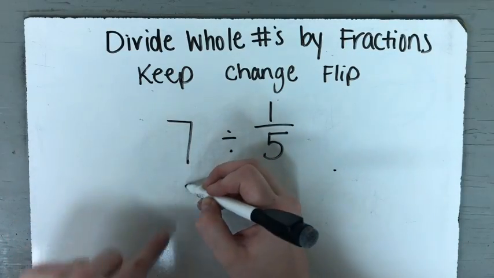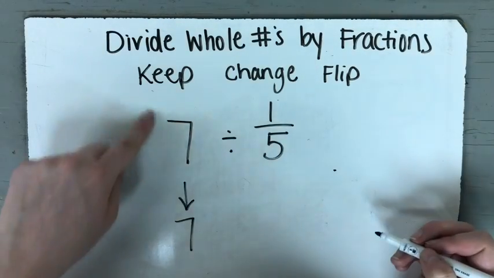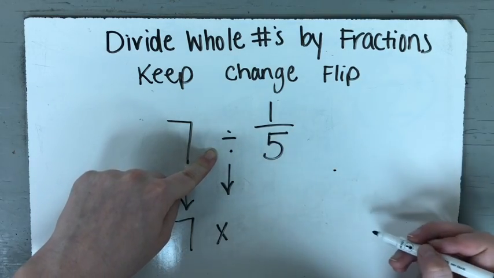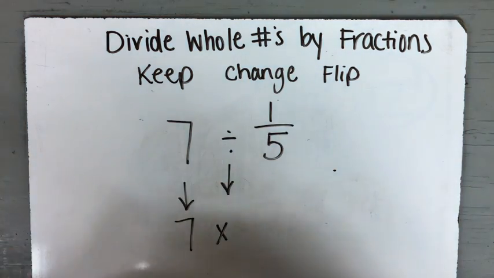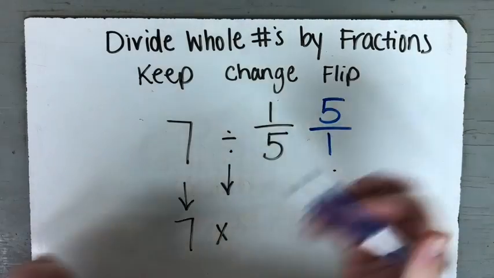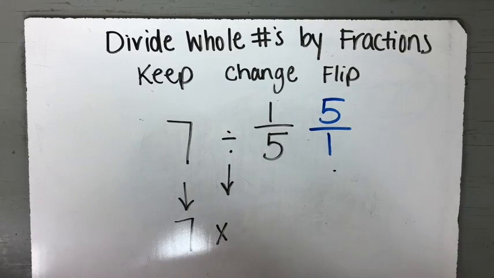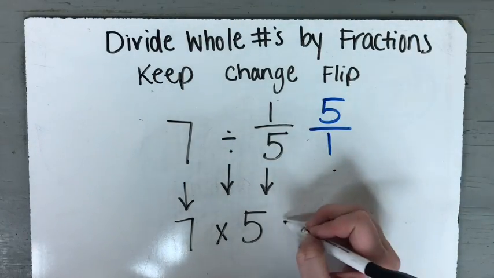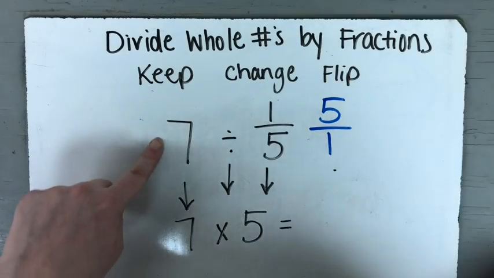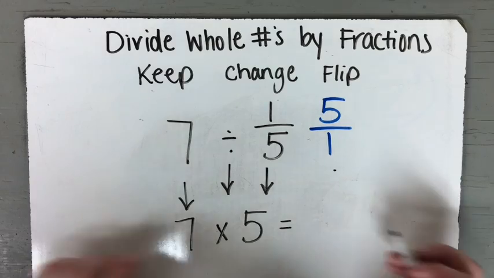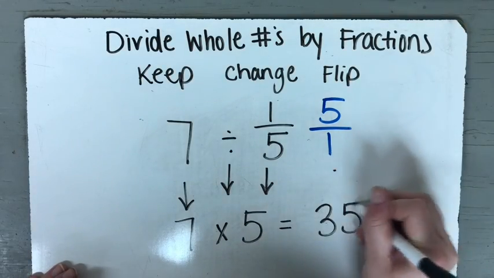Let's keep our 7, change our symbol, flip our fraction. And when we flip 1/5, we get 5/1, which turns out being just 5. So we have 7 divided by 1/5 is the same as doing 7 times 5, and you will get 35.